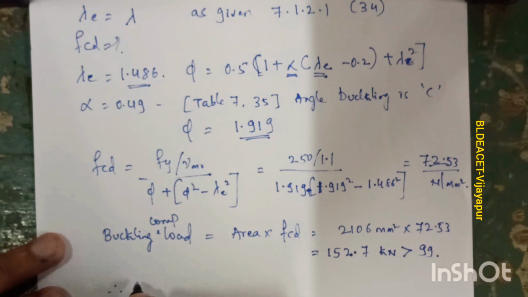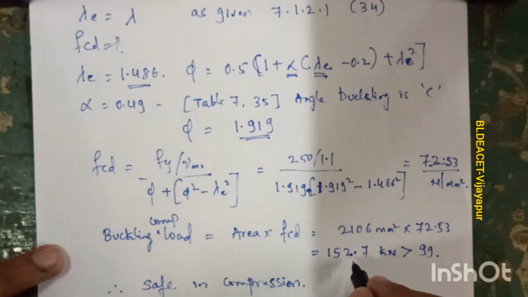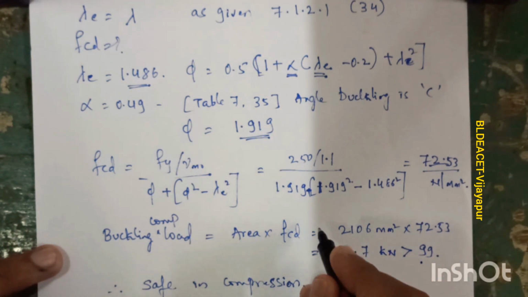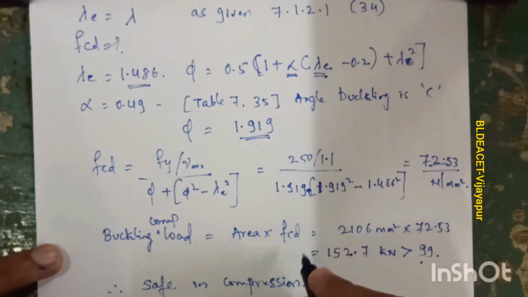Therefore the adopted angle is safe in compression. If this force is less than 99 kilonewton, we have to adopt the next higher section and the section has to be redesigned.